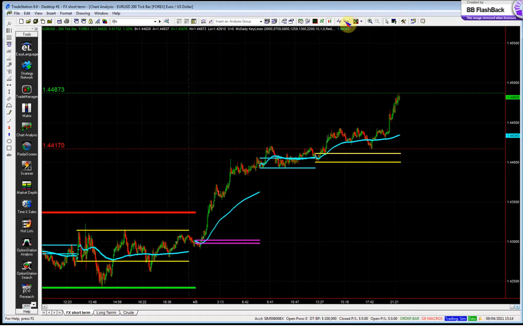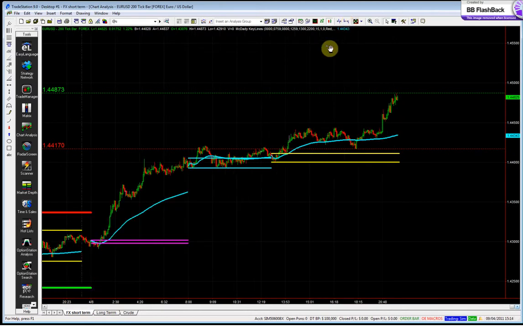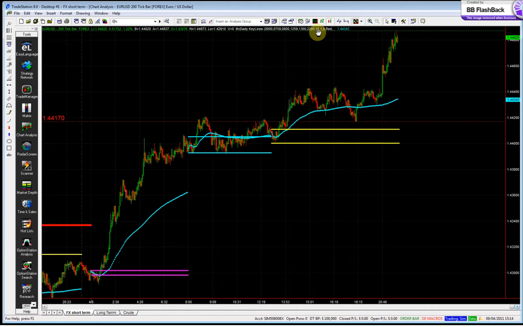In terms of a short, I'm not really that comfortable about giving one, but the very earliest opportunity would have to be the 144.17.